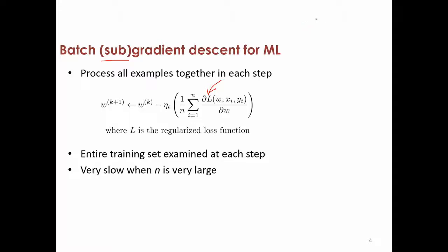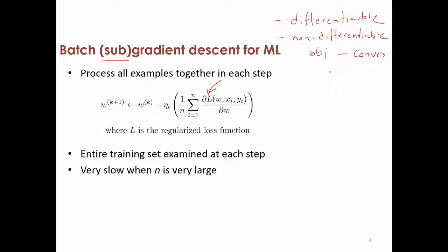which are convex. So subgradient descent not only works for differentiable objective functions, it also works for non-differentiable objective functions which are convex.